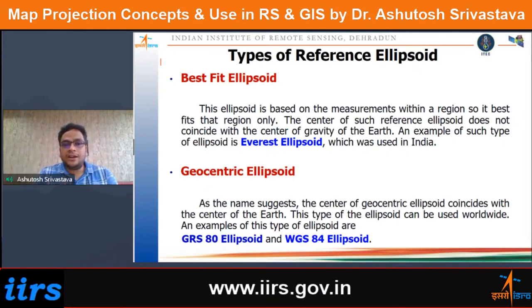So this ellipsoid is based on measurements within a region, so it best fits that region only. The center of such a reference ellipsoid may not coincide with the center of gravity of the Earth.